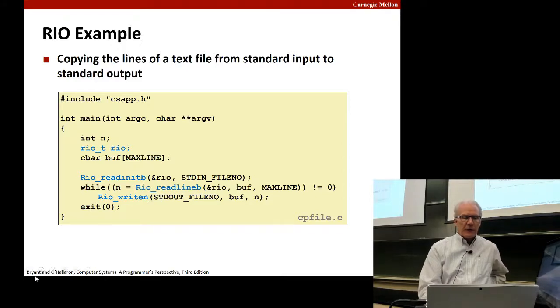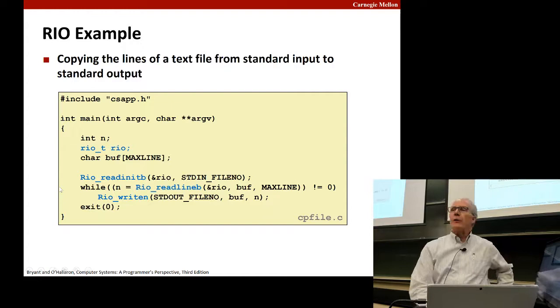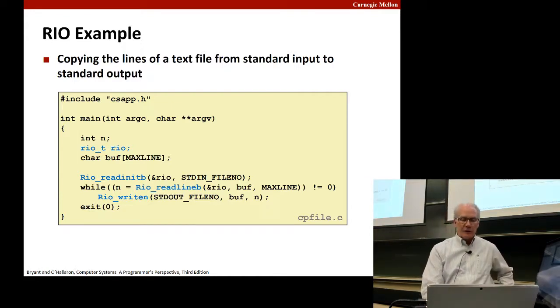So this is a slightly more elegant way of reading from standard input and writing to standard output, where it does it on a line-by-line basis. What I do is create a buffer that I call rio, of struct type rio_t.